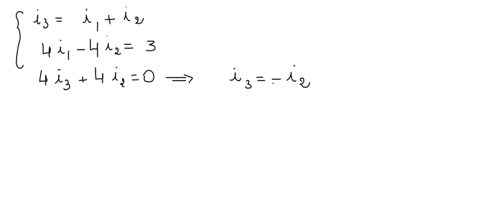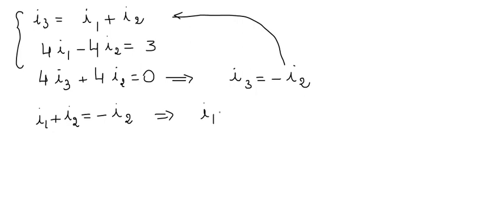So we take this formula and put it in the junction rule. What will we get? We will get I1 plus I2 equal I3, which is minus I2. So we can deduce that I1 equal minus 2 I2.